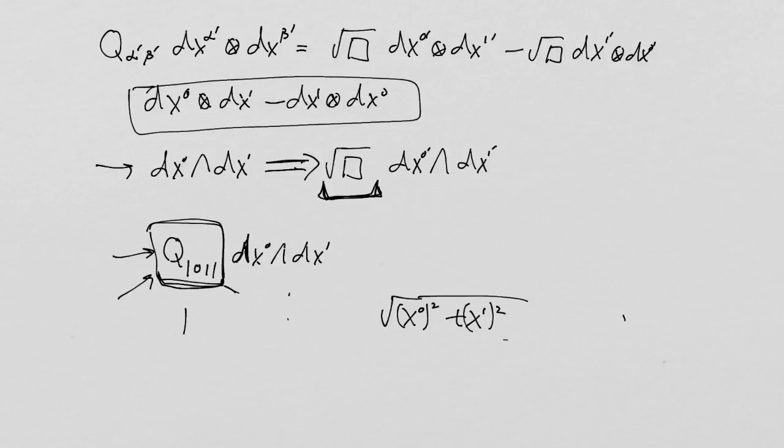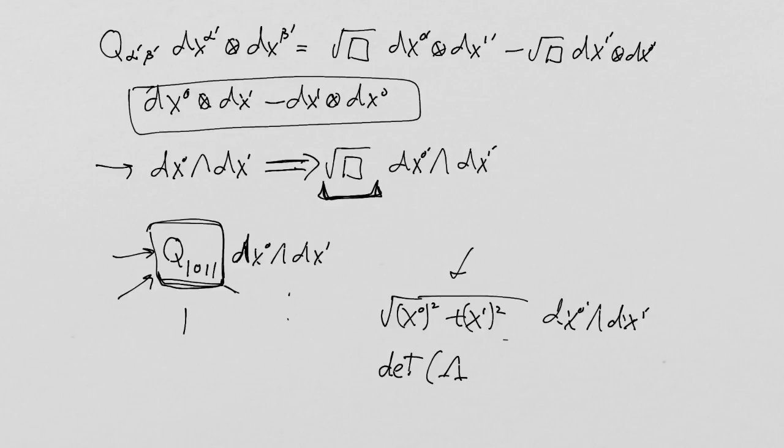So it's a value at every point in space-time, dx0 wedge dx1 prime. This is a number that's calculated in the old coordinates, by the way, but it actually equals the determinant of the covariant matrix.